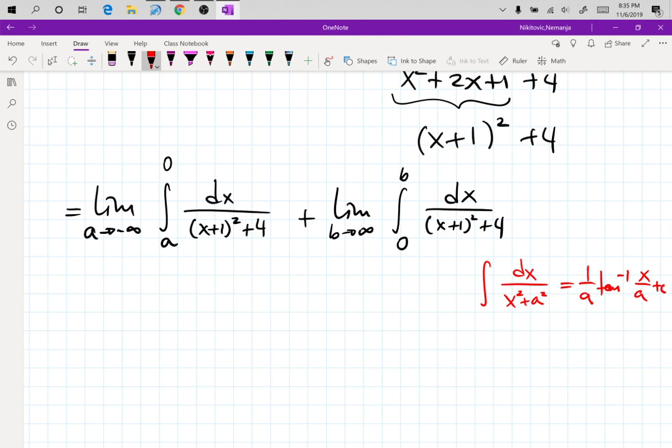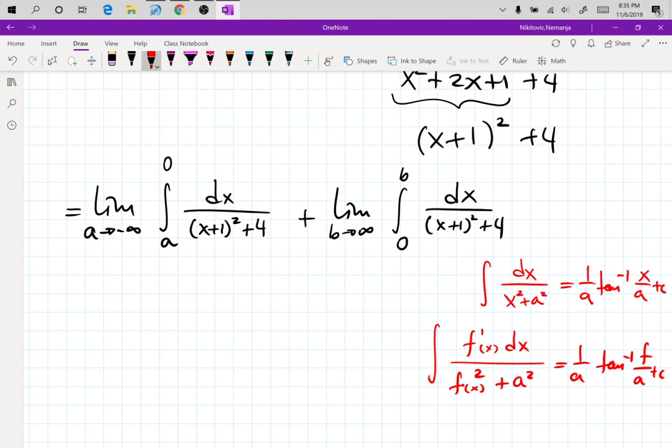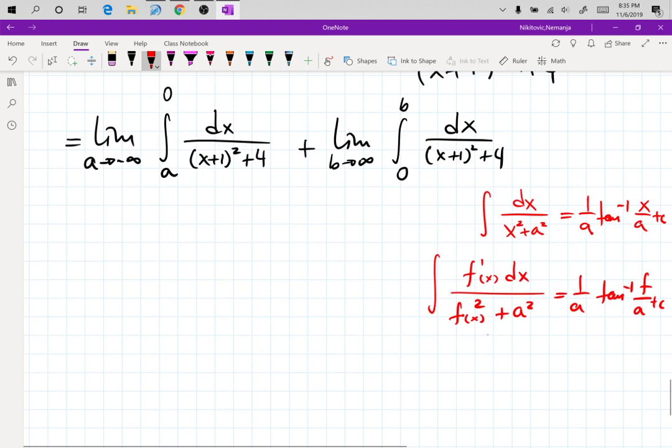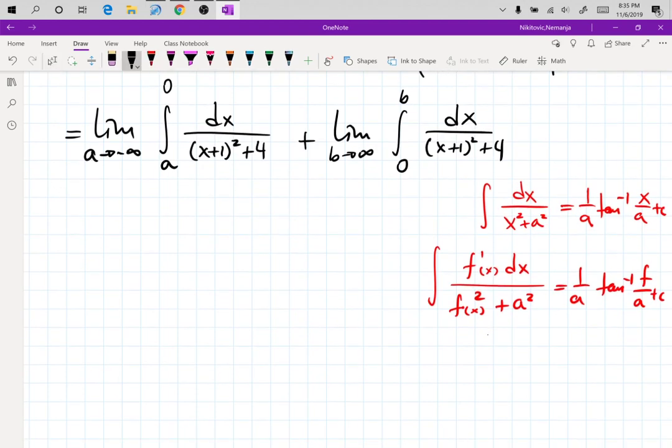Now, the boss level is f prime of x dx divided by f of x squared plus a squared, which is 1 over a times inverse tangent of f over a, plus c. Or maybe never. Imagine it.